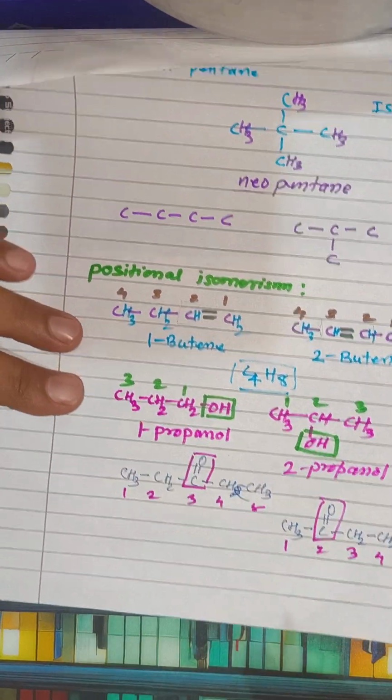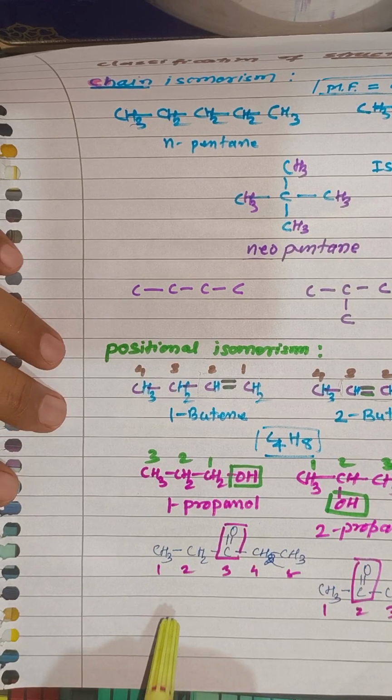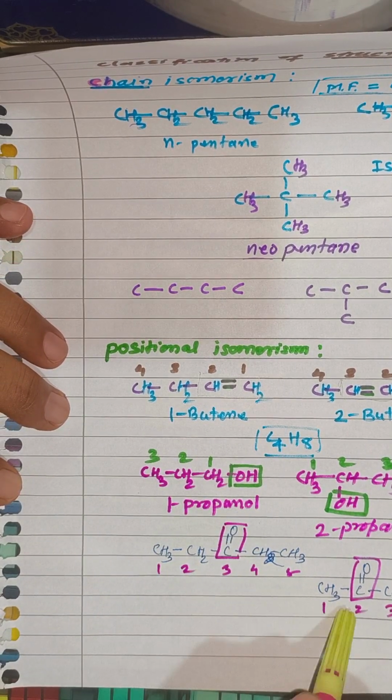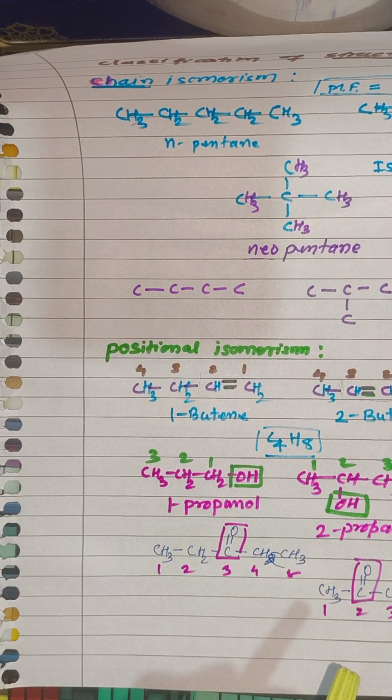The position of the functional group is different. Again, this comes under metamerism also. These are aldehydes and ketones, and these are isomerism.